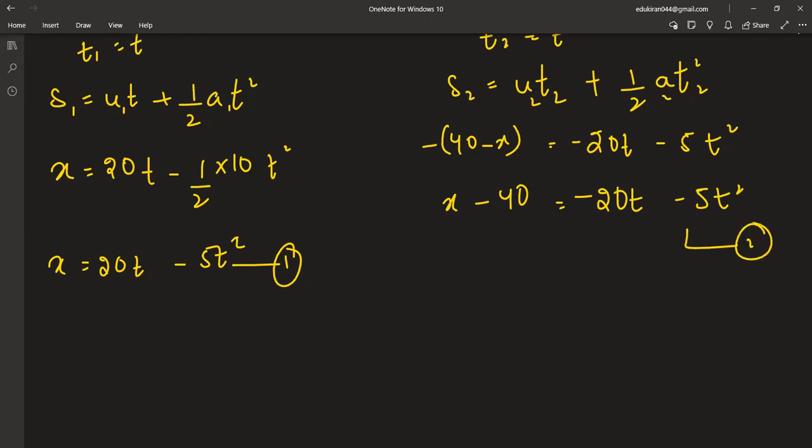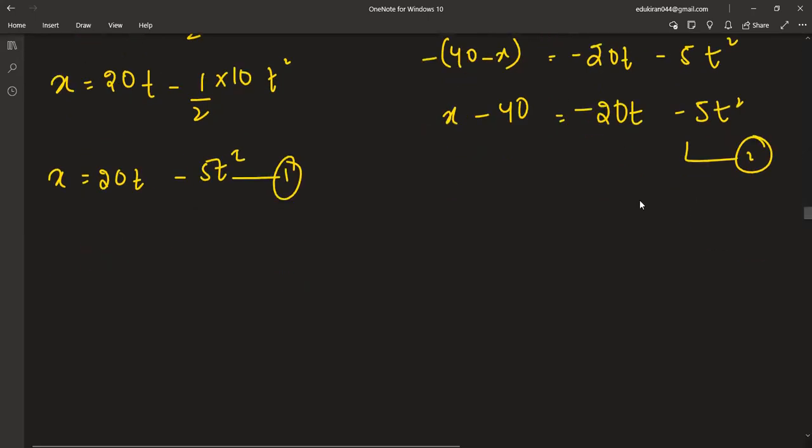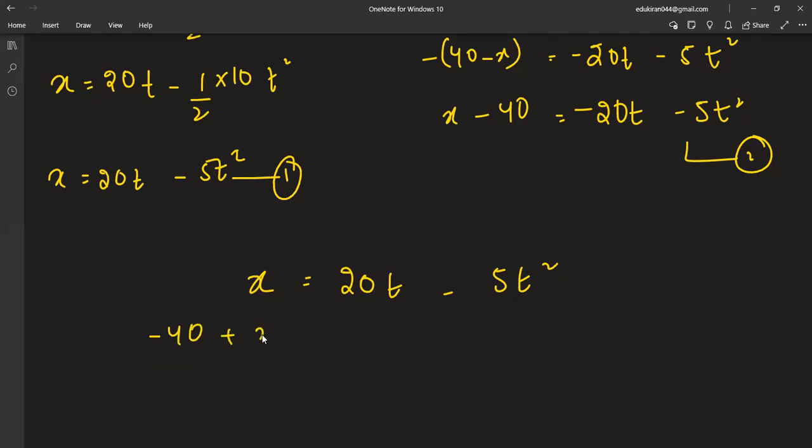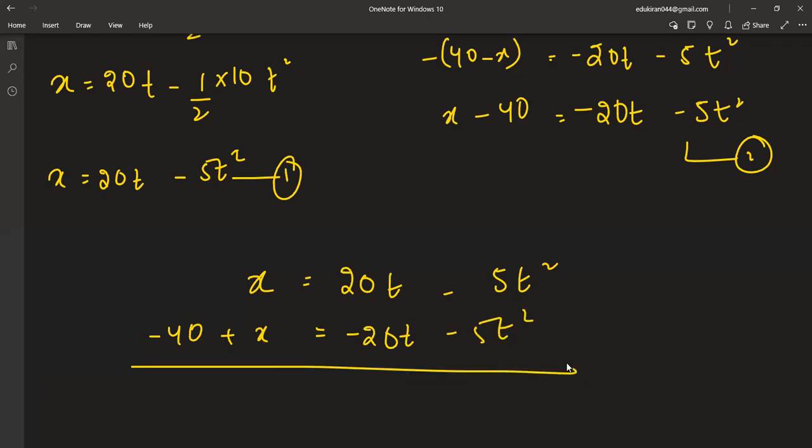So we have two equations. Let's solve these two equations to find the variables. We have two equations and two variables, x and t. So x is equal to 20t minus 5t square from equation 1, and minus 40 plus x is equal to minus 20t minus 5t square.